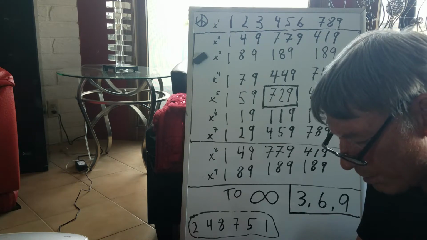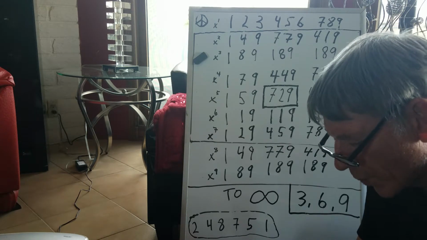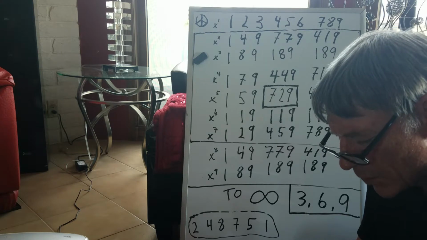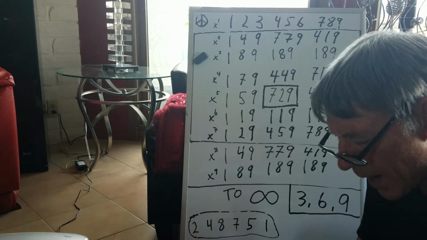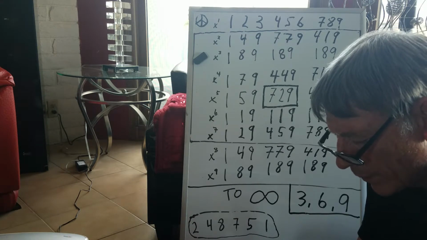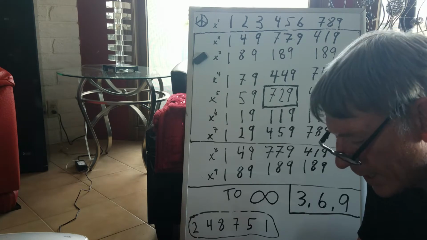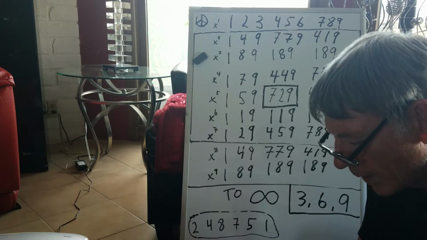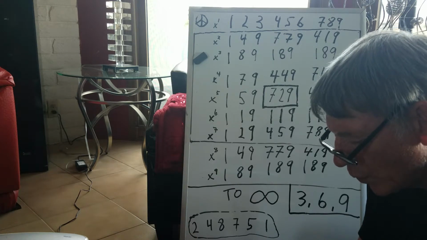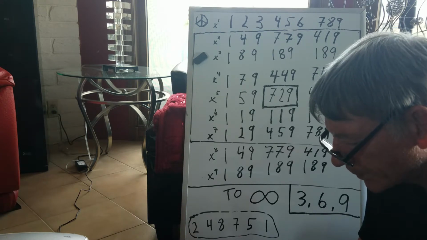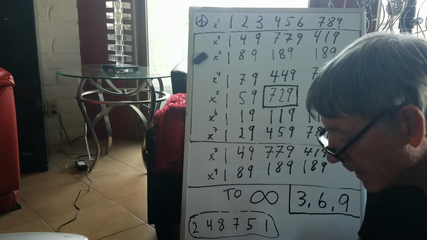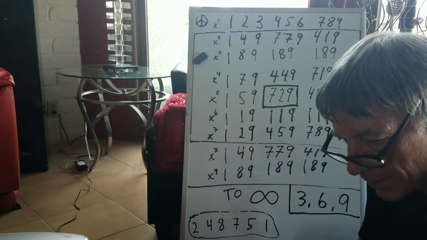Okay, so we have 1.524138 to the 10th power. So let's add that up. 1 and 5 is 6, and 2 is 8, and 4 is 12, and 1 is 13, and 3 is 14, and 8 is 22. 22 is a 4. That doesn't come out right.